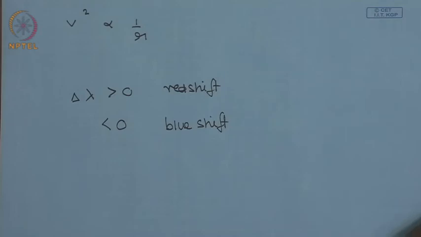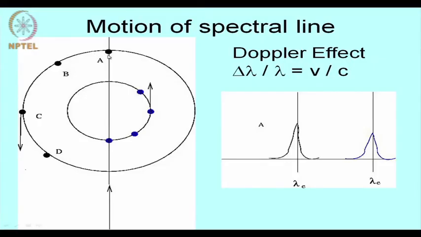Now, after some time, the star A, the star over here, has moved to position B. Similarly, this has moved to this position B, and we now have a line of sight component of the velocity. So, the velocity is tangential, we have a line of sight component of the velocity, and this object is moving towards the observer.